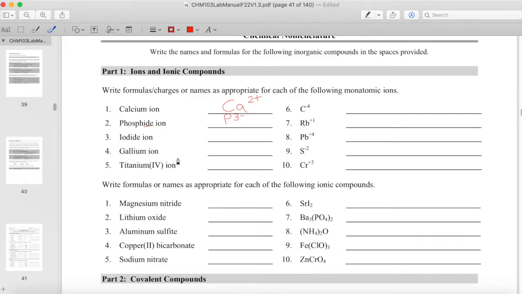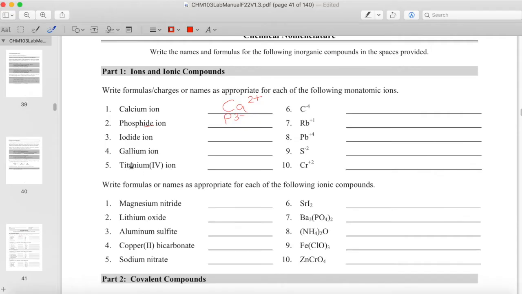A little note here about titanium being a transition metal. Most transition metals tend to have multiple charges. They have different types of ions that have different charges. So you do need this extra piece of information in the name that tells you the charge of that ion. Here, by seeing the Roman numeral 4, the question is telling you that the charge is going to be plus 4.